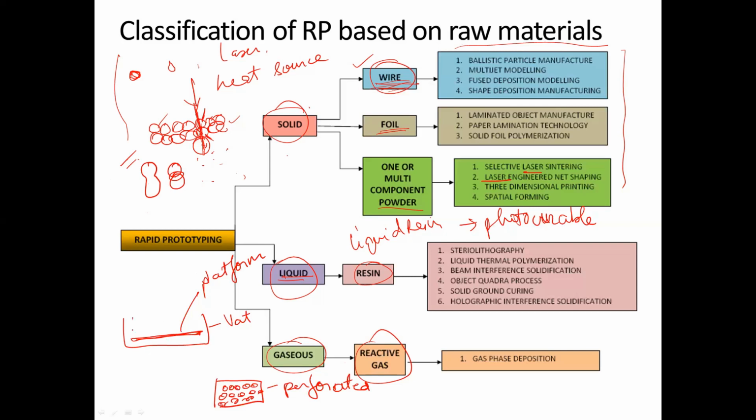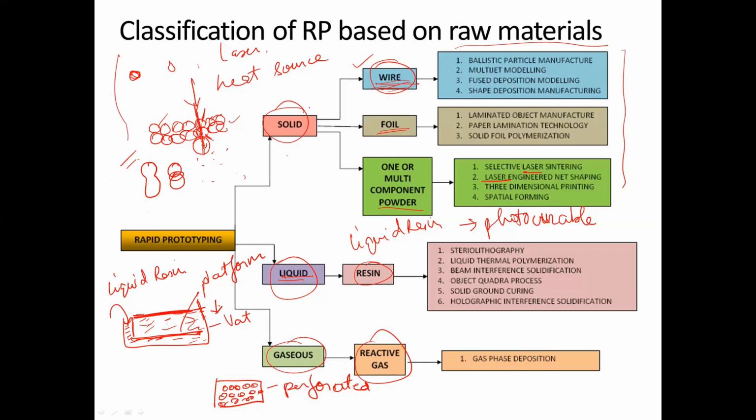Now from here we pour liquid resin. At the start of the process, the liquid resin is completely filled up over here, and the platform is actually over here, and the liquid resin is filled right up to here. Now this platform will move down. By what distance?